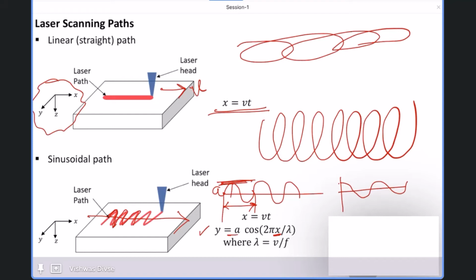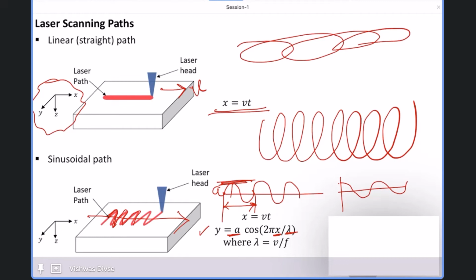Let's say here A is the amplitude, lambda is the wavelength, and sometimes the wavelength is not directly known. We know, let's say, speed and frequency. From that also, V equals n lambda or f lambda, we can calculate it, and directly put that value in the subroutine.